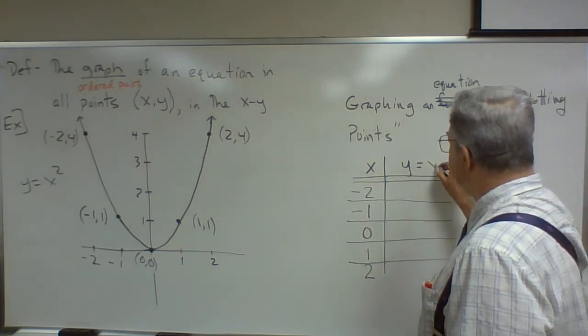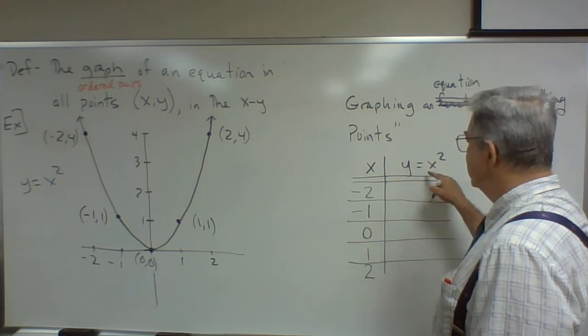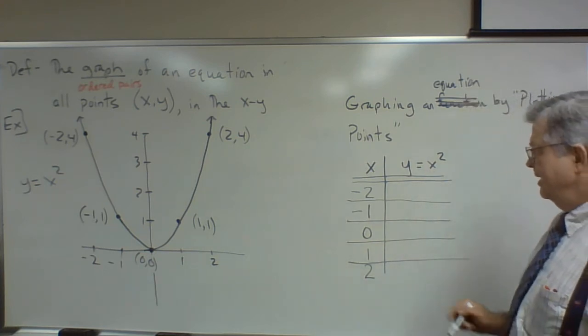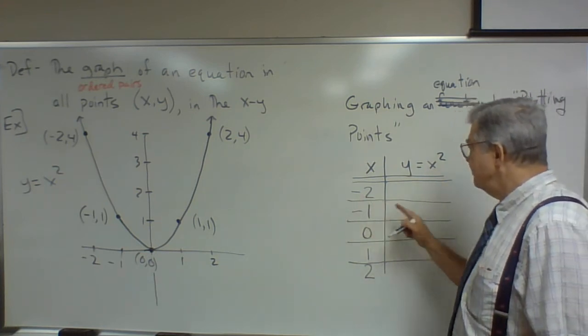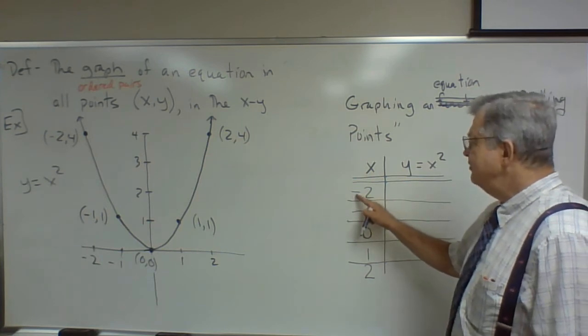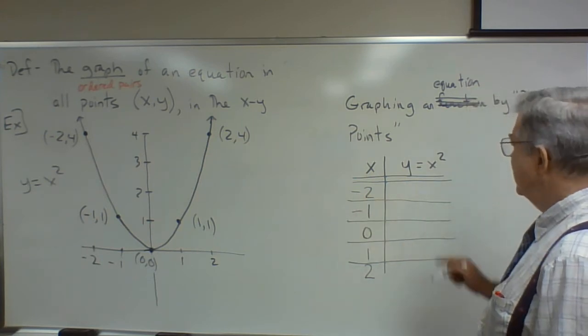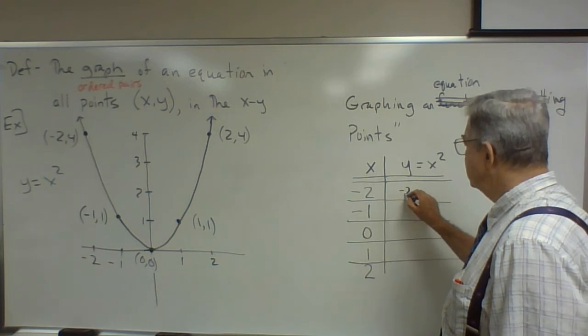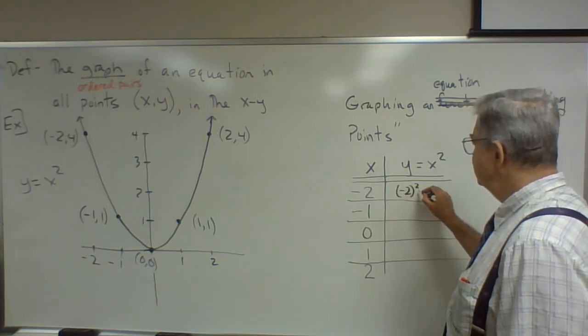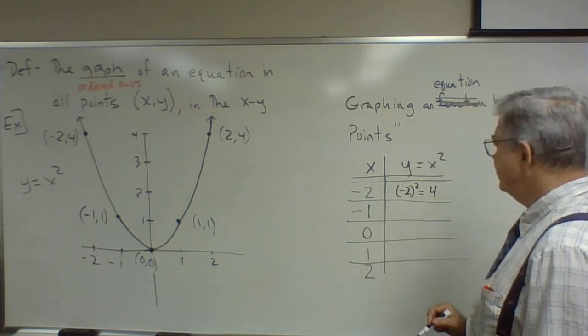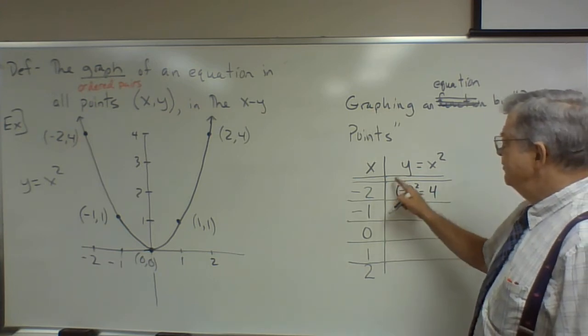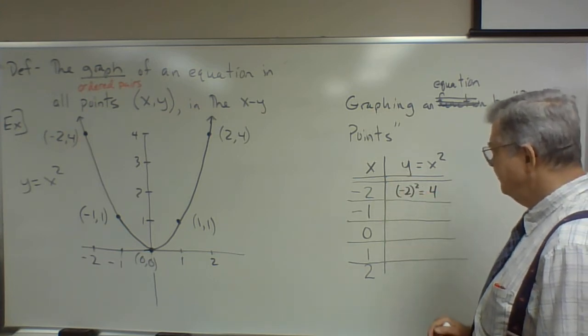And I'll say y equals x squared over here. So when x is -2, x squared is -2 squared, which equals 4. So when x is -2, y is 4.